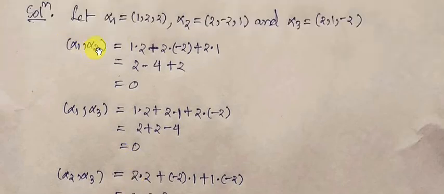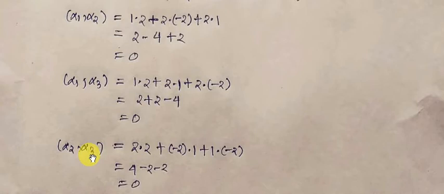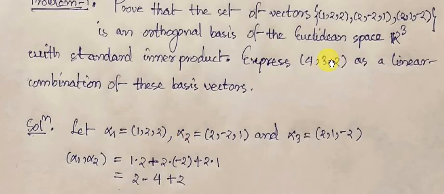So alpha 1, alpha 2 is equal to 0, alpha 1, alpha 3 is equal to 0, and alpha 2, alpha 3 is also equal to 0. That means this collection of vectors alpha 1, alpha 2, alpha 3 is indeed an orthogonal collection.